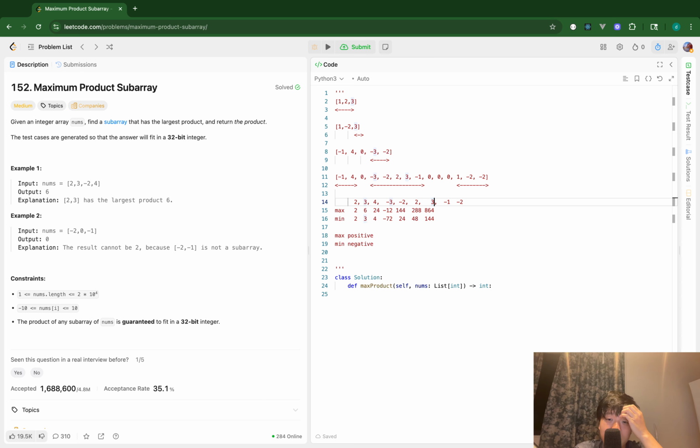But I think for 3, it should be 3 times 2 is 6, and then this becomes negative 12. I think negative 12 is possible with this. I don't know why it isn't. Let me check.